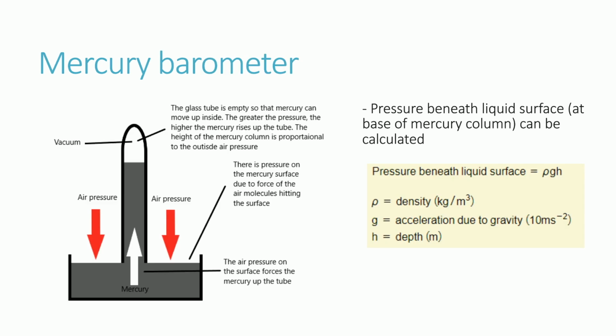Now, one way that we can measure air pressure or atmospheric pressure is using the Mercury Barometer, and there are a few important concepts that we have to go through with this, but let's just think about how the Mercury Barometer actually works. You've got the mercury inside this setup. Some of the mercury is exposed to the air, and it's going to cause air molecules to collide against the surface of the mercury here, right? And what that will do is cause a downwards force, or the air pressure is going to push the mercury downwards.